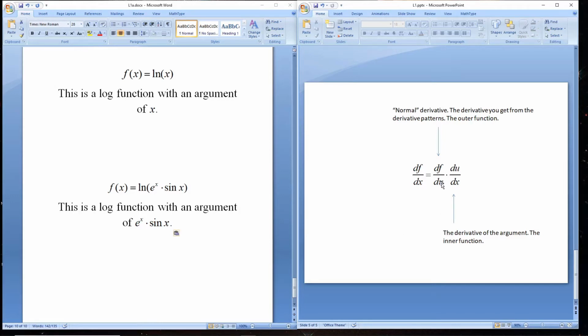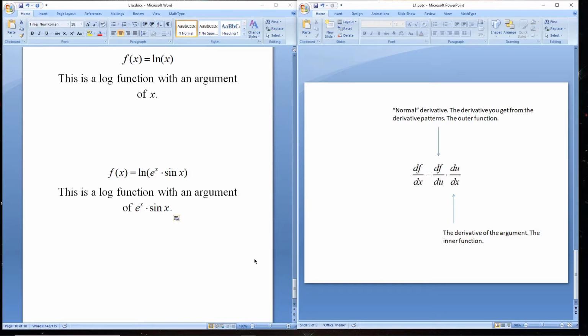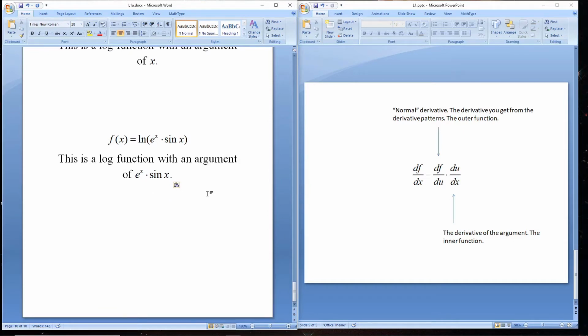So df du is the outer function, and you just take that derivative normally, right from the patterns. And then du dx is the inner function, and you have to take that derivative and multiply it by the normal derivative. And I'm going to show you that right now.